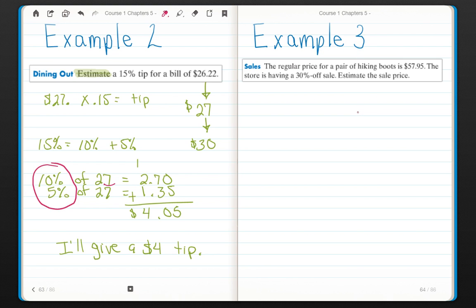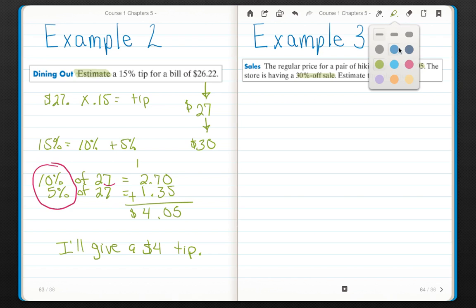All right, example 3. The regular price for a pair of hiking boots is $57.95. The store is having a 30% off sale. Woohoo! Estimate, keyword, estimate the sale price. So, $57.95.